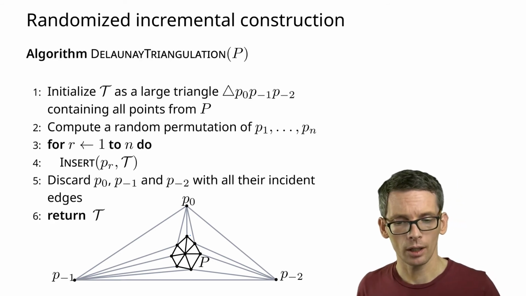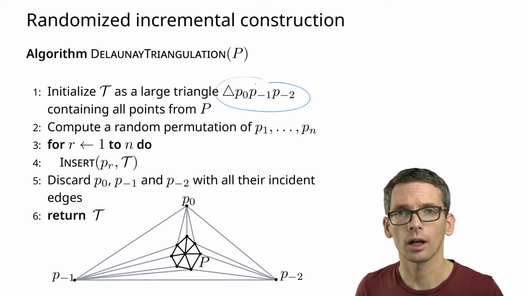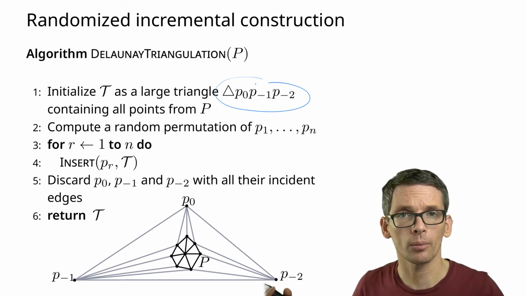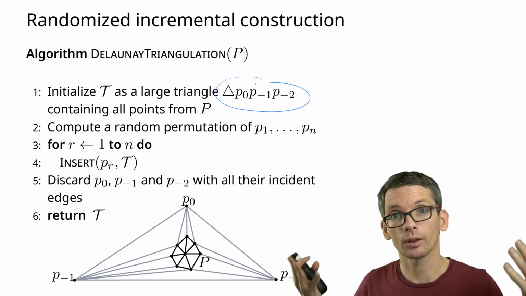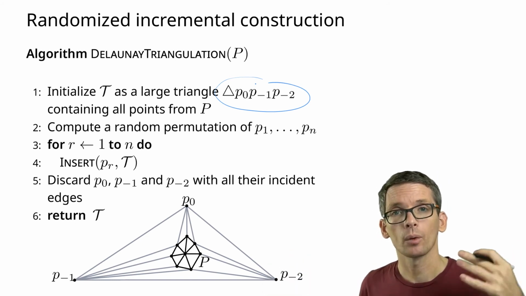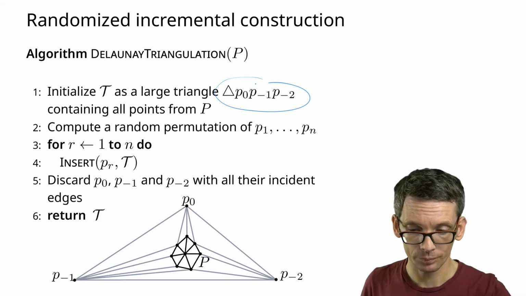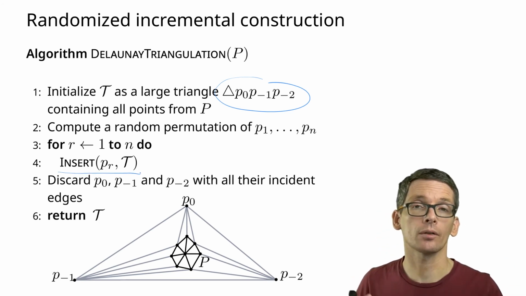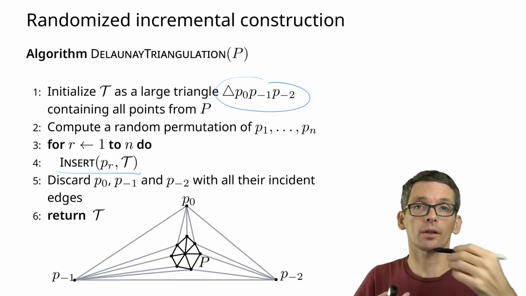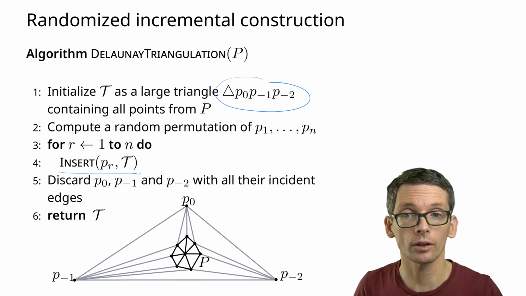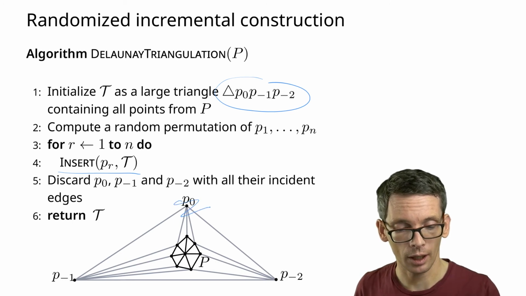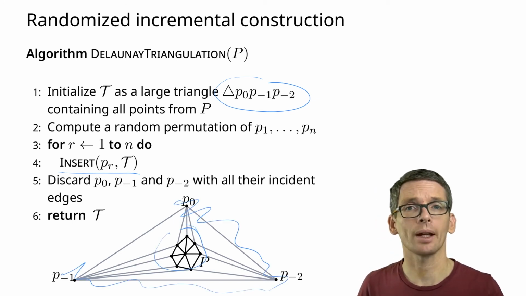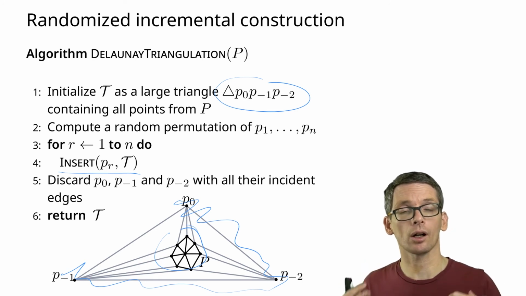We initially create a large outer triangle, then we randomly permute our points because we want to use a randomized incremental construction. We add them one by one. For each point, we insert it into the current triangulation, making sure that we again have a Delaunay triangulation, and at the very end, we discard the outer points, and what remains will be the Delaunay triangulation of our point set.